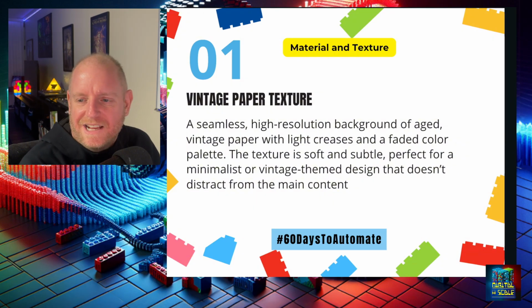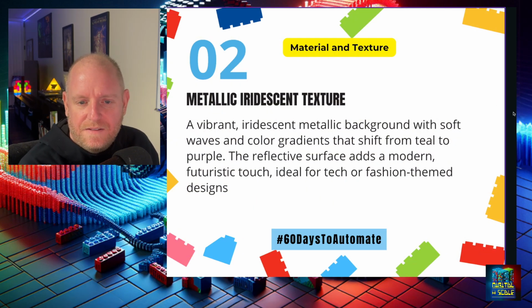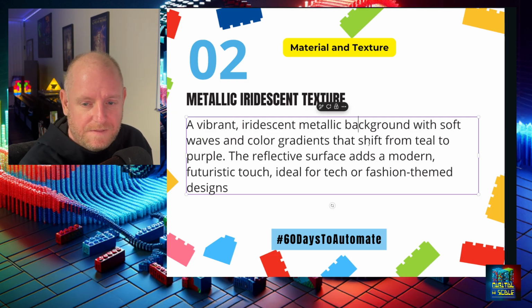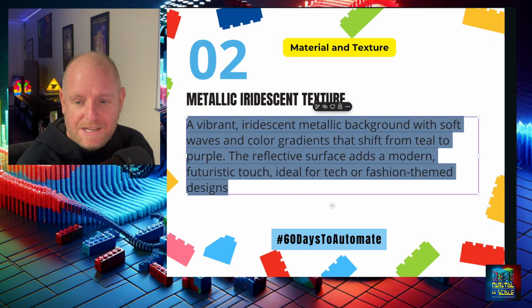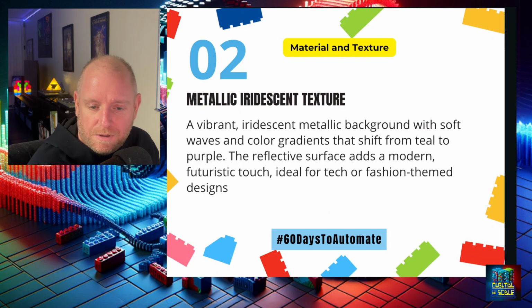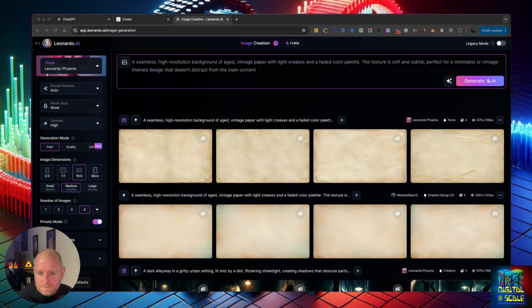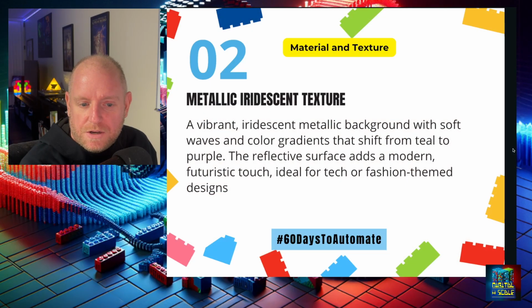All right, next up, we have a metallic iridescent texture: a vibrant iridescent metallic background with soft waves and color gradients that shift from teal to purple. This is so we can create a really rich look. The reflective surface adds a modern futuristic touch, ideal for tech or fashion themed design.